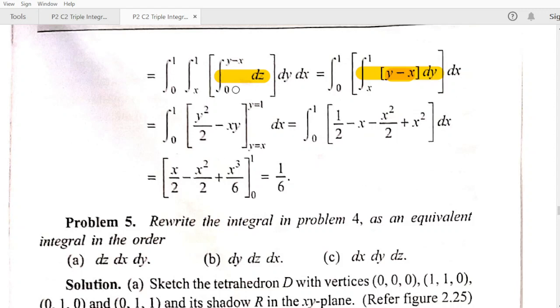Next we put the upper limit minus the lower limit, so we get 1 by 2 minus x square by 2 plus x square dx. Next we integrate with respect to x. Then we get x by 2 minus x square by 2 plus x cube by 6, with limits from 0 to 1. Putting the upper limit minus the lower limit, we finally get 1 by 2 minus 1 by 2 plus 1 by 6, that is 1 by 6.